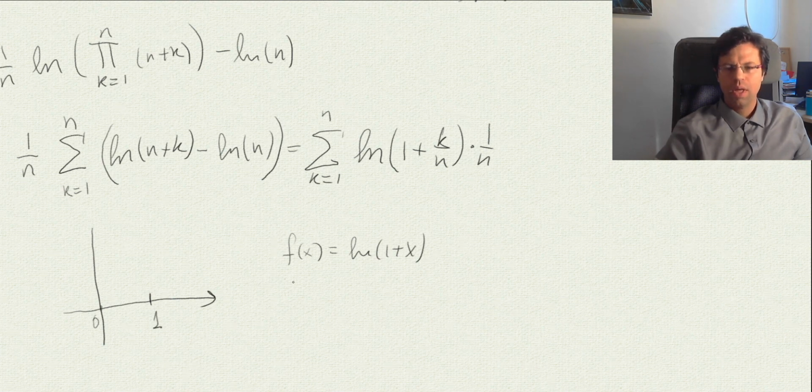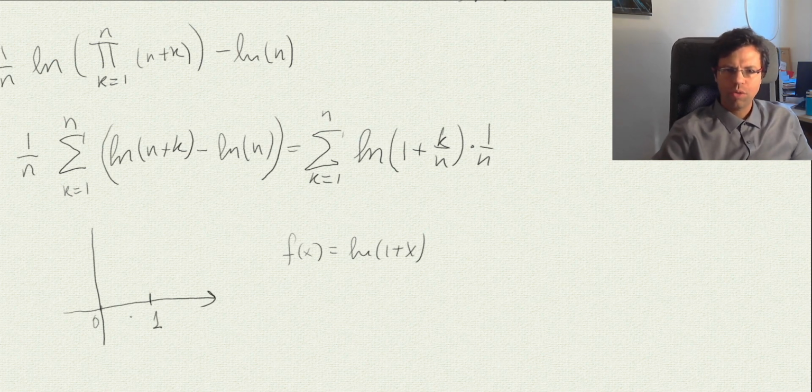And then we can see that this sum is actually the Riemann sum. If we take a partition of this interval into n equal parts, let's plot just a sketch of the graph. Here it's going to be the natural logarithm of 2. And if we plot the sketch of this graph, this is approximately how it goes.